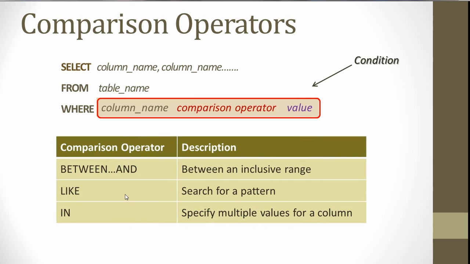Now the comparison operators we'll be looking at in this lesson today are between and, which will help us select rows where values fall within an inclusive range; like, where we search for a pattern and select the rows based on that; and in, where you can specify multiple values for a column and the query selects the data. So let's run some examples and see how to use these comparison operators.